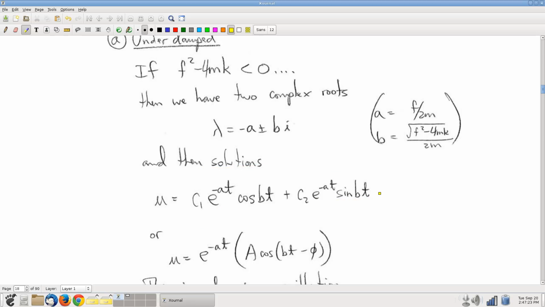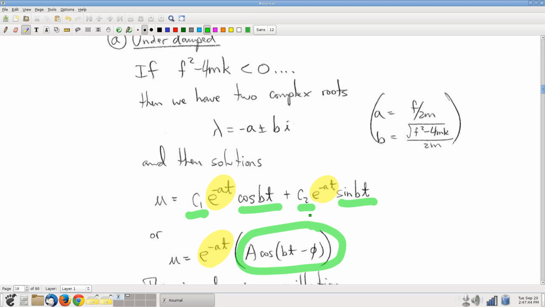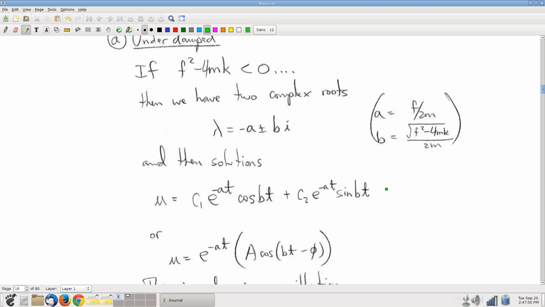And noticing that this exponential is a common factor, further noticing that what's left over, C1 cosine, C2 sine, is exactly what we had in our frictionless analysis, we can instantly rewrite that trig as this, exactly like the algebra that we did on the previous page. So altogether then, here's what our solutions look like.